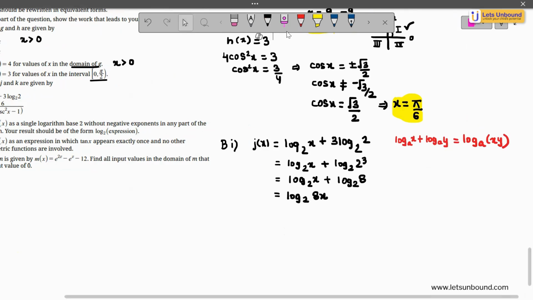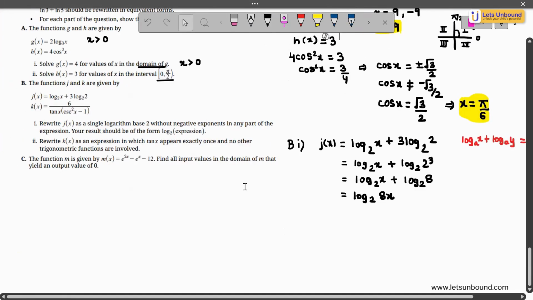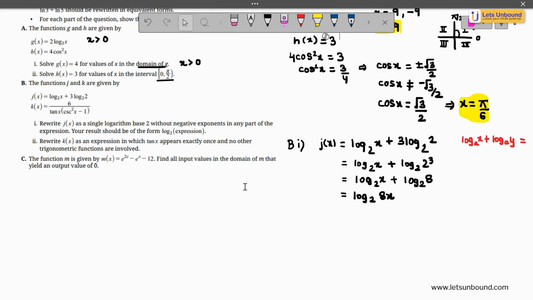So we have simplified our answer to the least form by writing it as log base 2 of 8x, in the form they had asked for: base 2 and an expression in terms of x. This is the most simplified form, and the log rules that you're using are very important to remember for these kinds of questions.